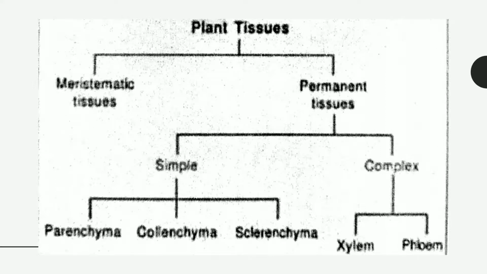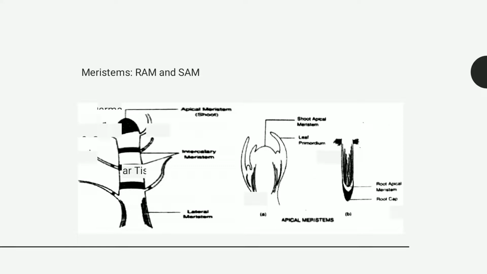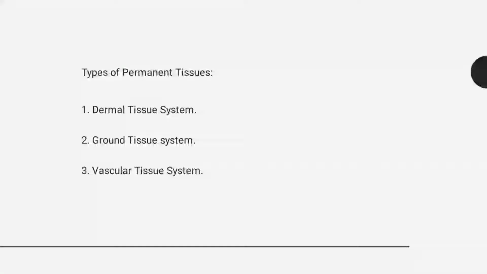If we talk about the permanent tissue now, there are three different types of permanent tissue present in the plant cells. If we talk about their place or origin, we divide permanent tissue into three categories.